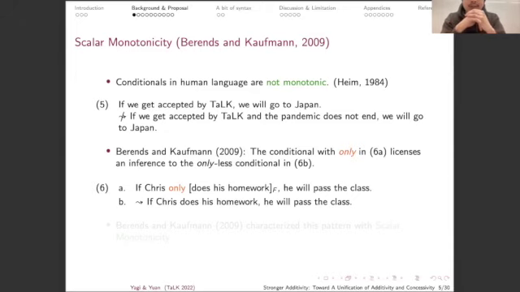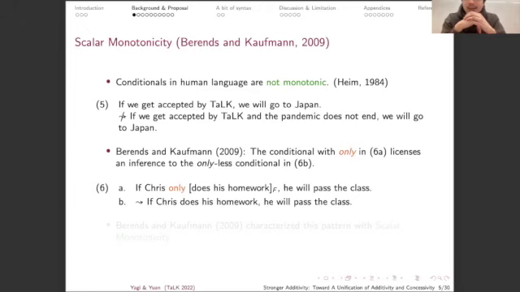Now, the intuition is pretty clear, I believe, because this inference is valid because we know that the more effort you put, the more likely you are to pass the test, right? Because in 6a, the antecedent says that Chris only does his homework, nothing else, only homework. That is, I believe, the minimum requirement in every course offered in universities.